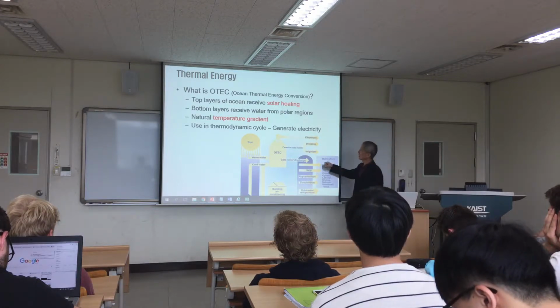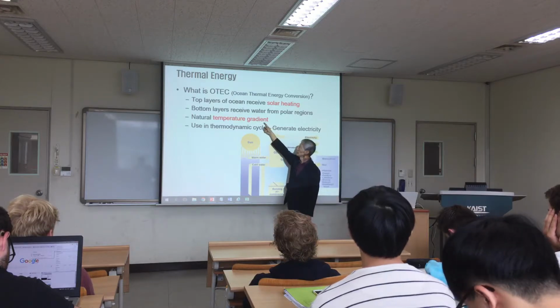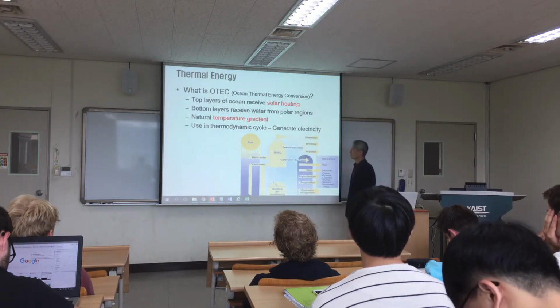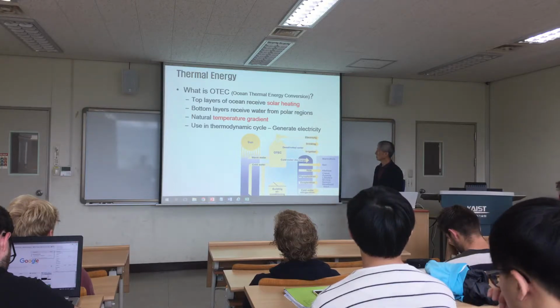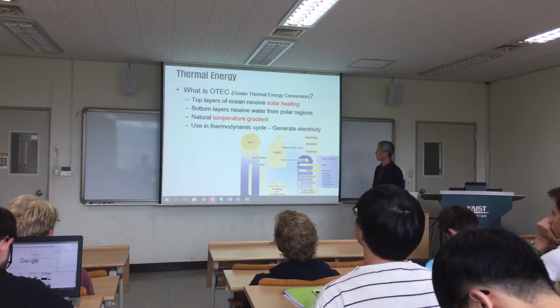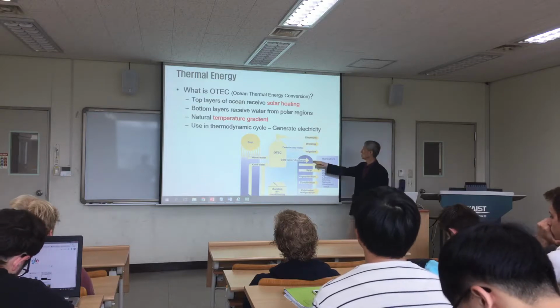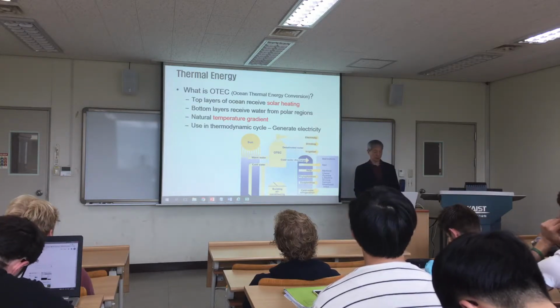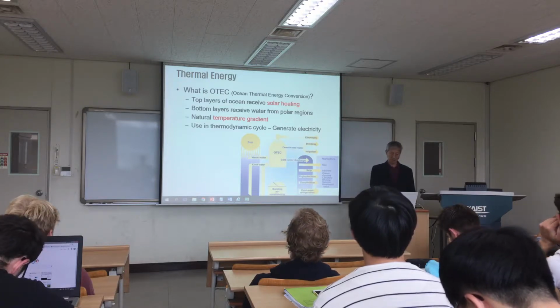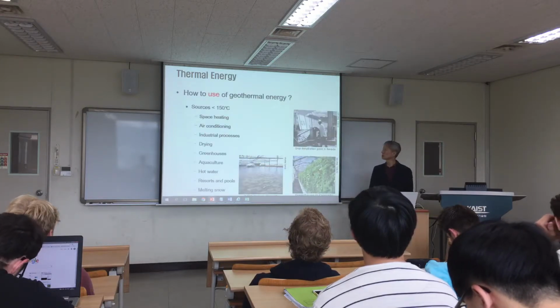It comes from a natural temperature gradient or difference. With only this small difference, you can still generate electricity. Still, there is a power density problem there. Well, anyway, there are ideas.